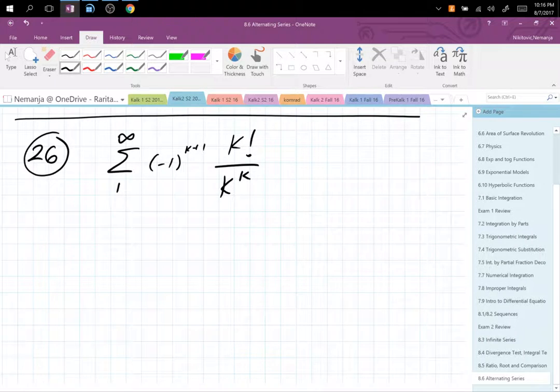So I'm doing the series sum of k factorial over k to the k, with the alternating test. I think the limit is equal to 0 pretty much. It's decreasing.